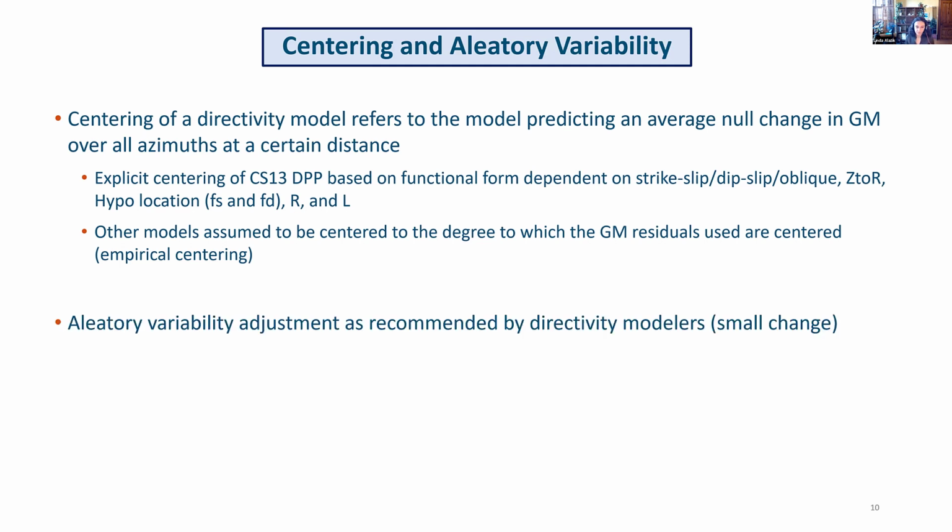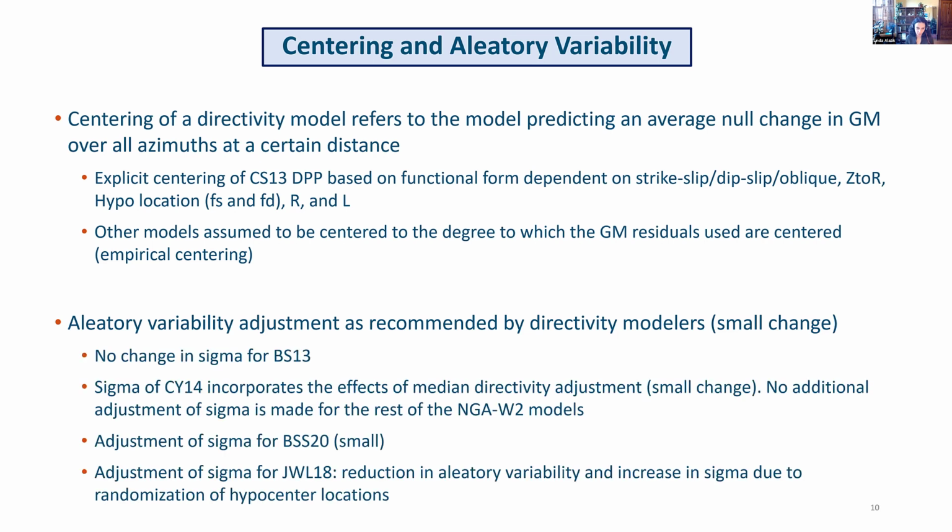In terms of aleatory variability, we have some expectation that it should be reduced if we correct the median of the ground motion to include directivity effects. In our implementation, we used whatever was recommended by the different directivity modelers, and this has generally been found to have a pretty small impact on the ground motion. So the change is relatively small.